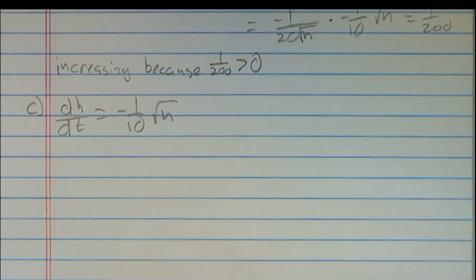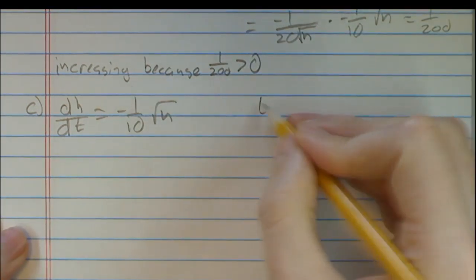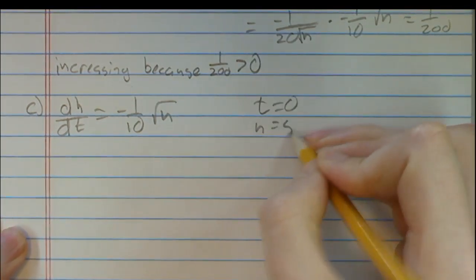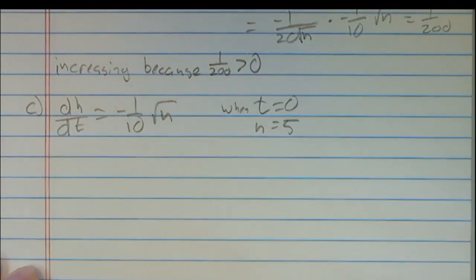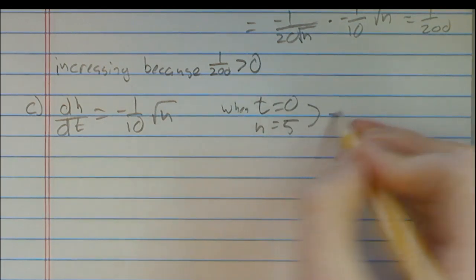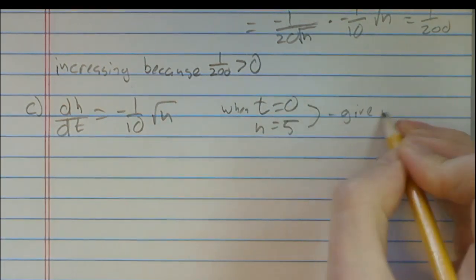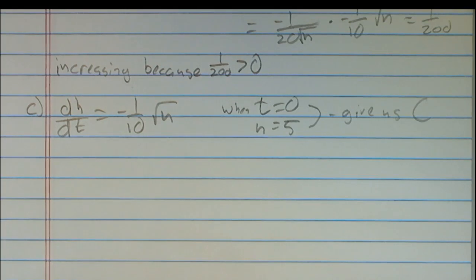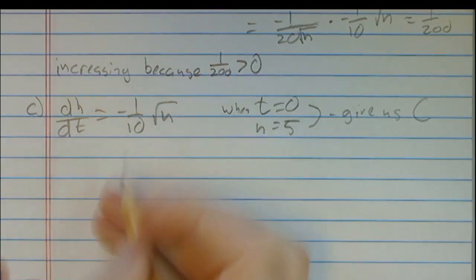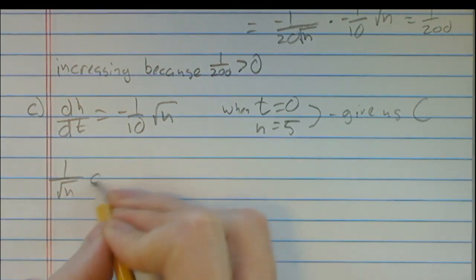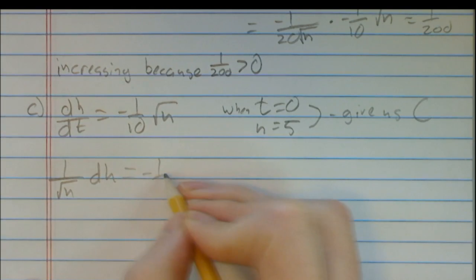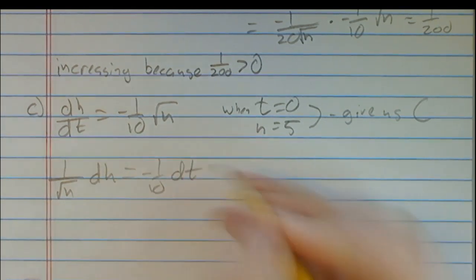And we're given when t equals 0, h equals 5. So this will give us our constant, essentially. Separation of variables: get dt over here, get h over there. So we have 1 over the square root of h, dh equals negative 1/10 dt.